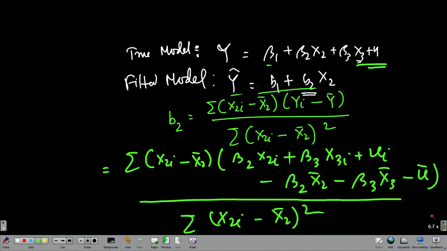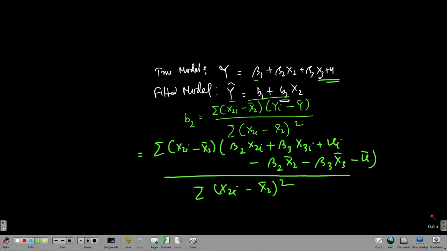It has become pretty lengthy, a little daunting also, but it is actually very simple here. So, let us get the terms separately. I wish we could do it on the same page. Let us say I take x2i minus x2 bar, and then here I have beta 2 x2i and beta 2 x2 bar.